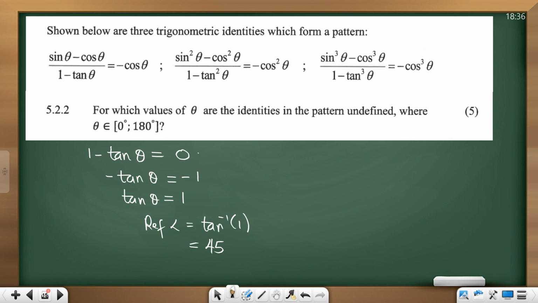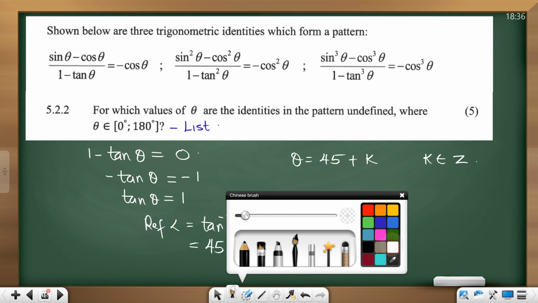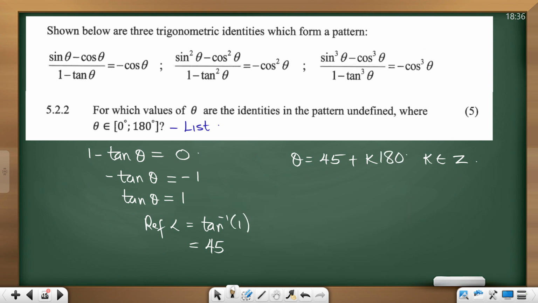So what is theta itself? 45 plus k times 360, where k is an element of the integers. But now the examiner has given you this, and every time you see this in your answer, it means list the answers. So let's list. Oh, no, I'm making a mistake. Tan is 180. Sorry. Only sine and cos is 360. So let's list. Do you know how to list?